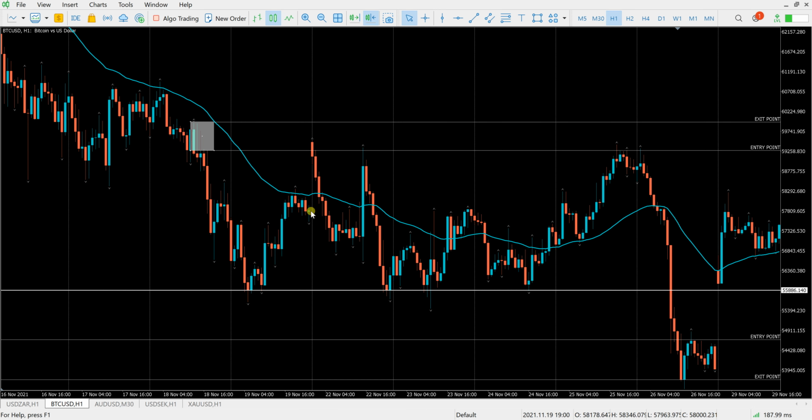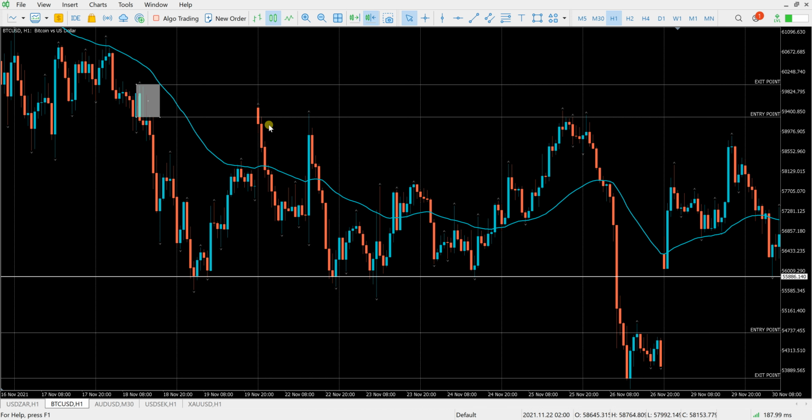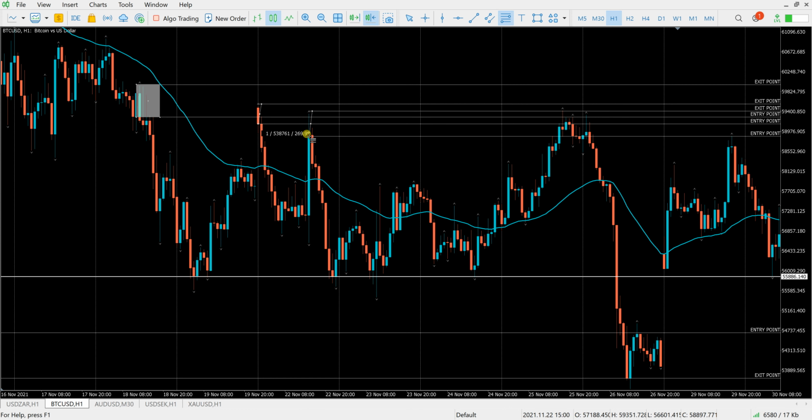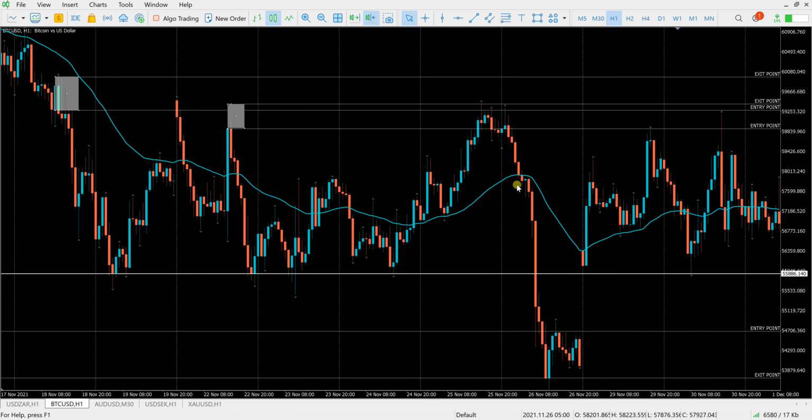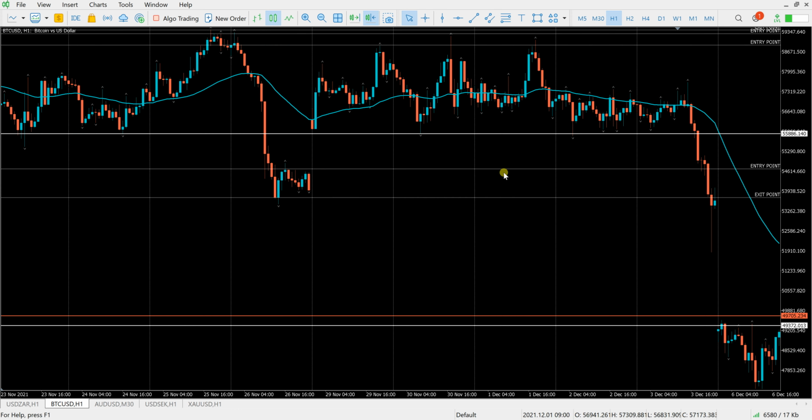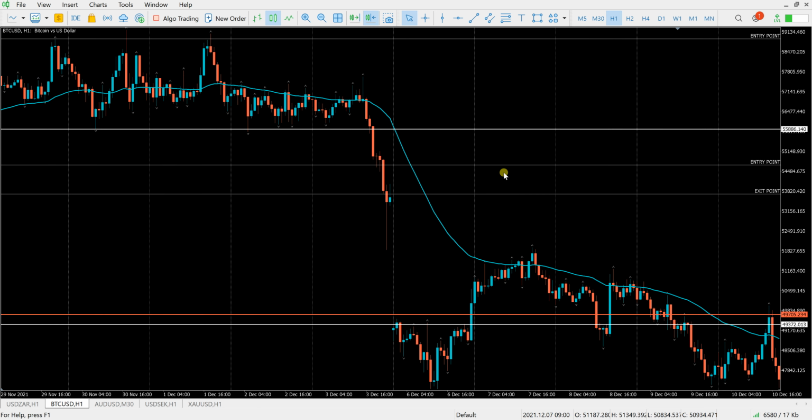Even if you miss out on this, you can also place your order here. There is no predefined zone to set this, but when you get down to the lower time frame, you can find a fine zone to set this trade in case you missed out. And as the market rose back to it, you see how it drops. That's an example of a sell limit order.